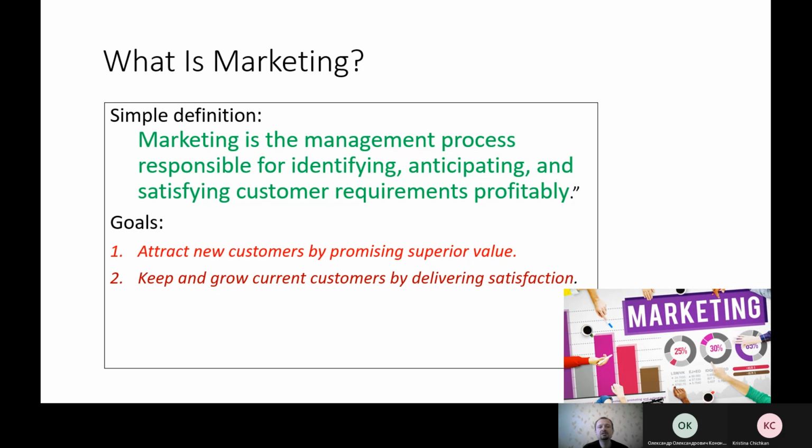And what is the main instrument to find these customers? I would say, even a little bit deeper, not customers, but needs to be satisfied by your company. Sure, the easiest, not the only instrument to find these is marketing.